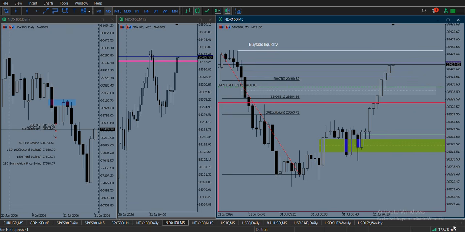So we're remaining with 3 minutes until the closure of this candlestick.